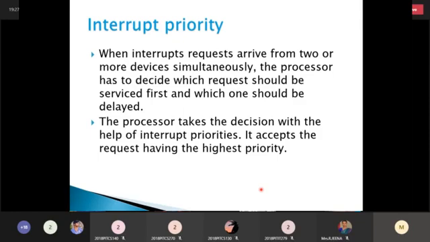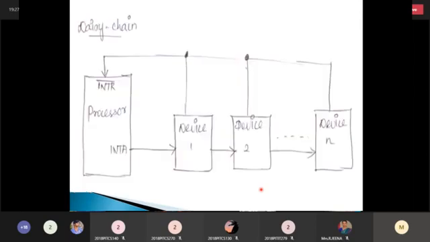The processor takes the decision with the help of these interrupt priorities and accepts the request which has the highest priority. So this is about interrupt priority. Based on the highest priority, that particular input or output device sending the interrupt request will be served.